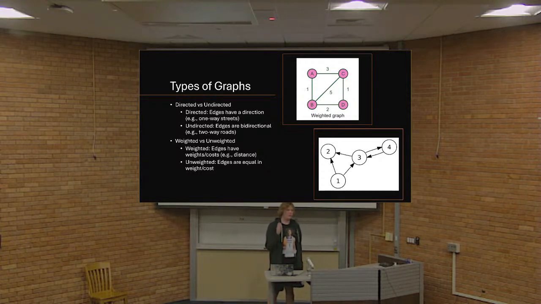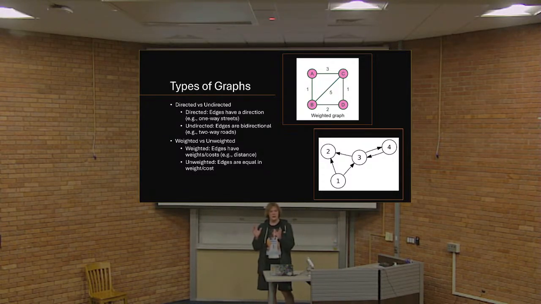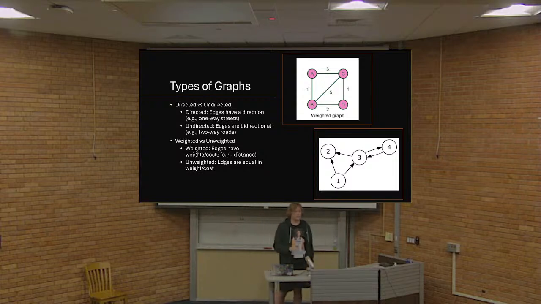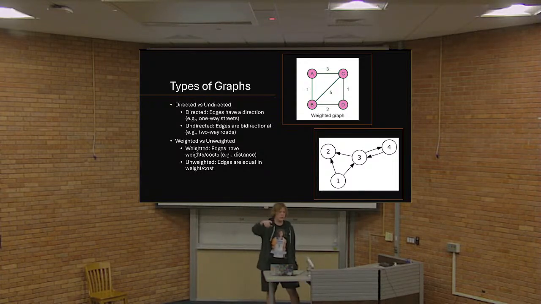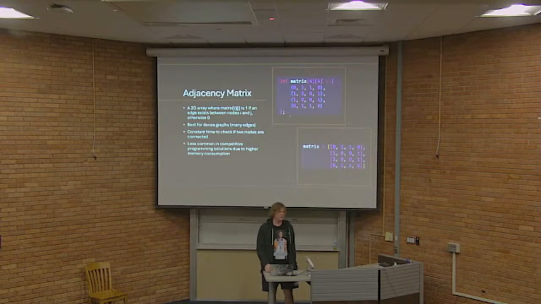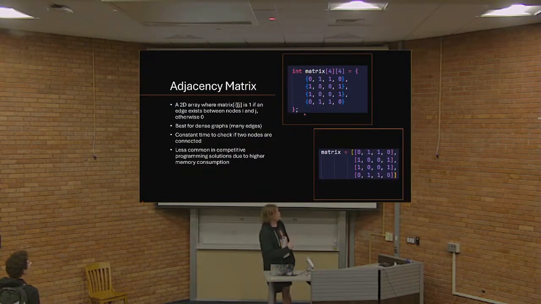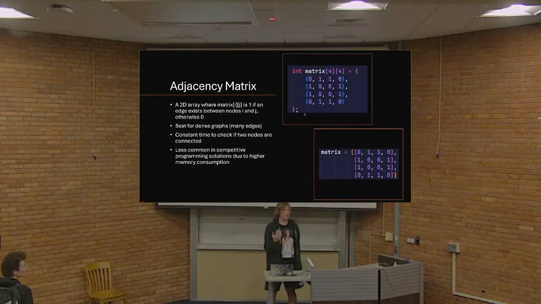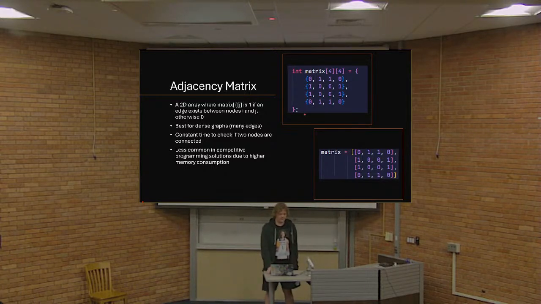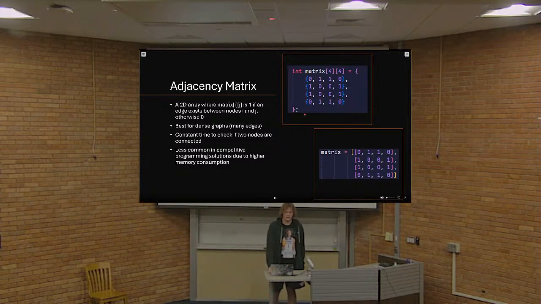These are better for dense graphs where there's a lot of connections because checking a connection is as simple as just checking the value in the 2D matrix where the nodes are connected. So if there is a connection there, it's going to be not 0. In this case, I'll have all 1s, but you could use any number other than 1 to represent a weighted graph.